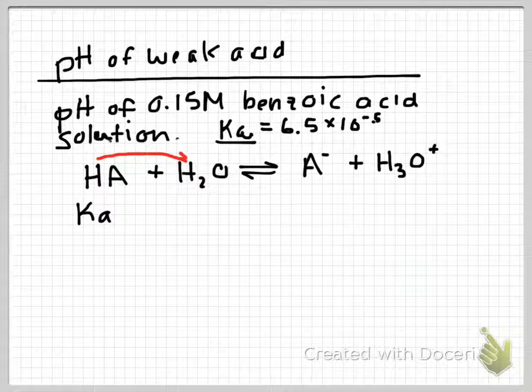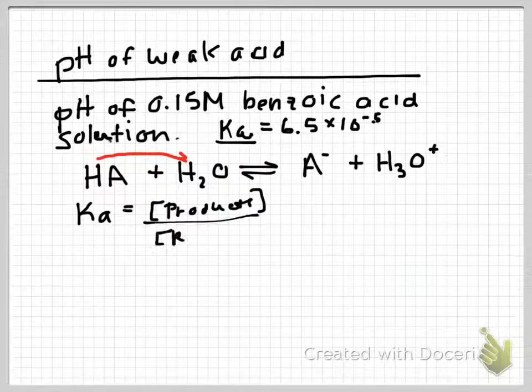So we can now write a K expression. It's just K sub A, and the A means we're writing it in particular for the above acid equilibrium reaction. It's going to equal the conjugate base, products, over our reactants, just like the K's did in the earlier chapters.